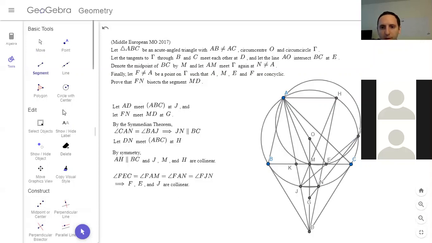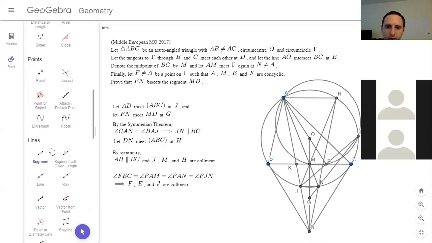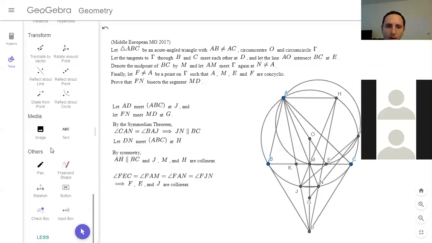And once we know that, so obviously D, M, G, and O are collinear. I'm not even going to write that, but now we can do all our projections.